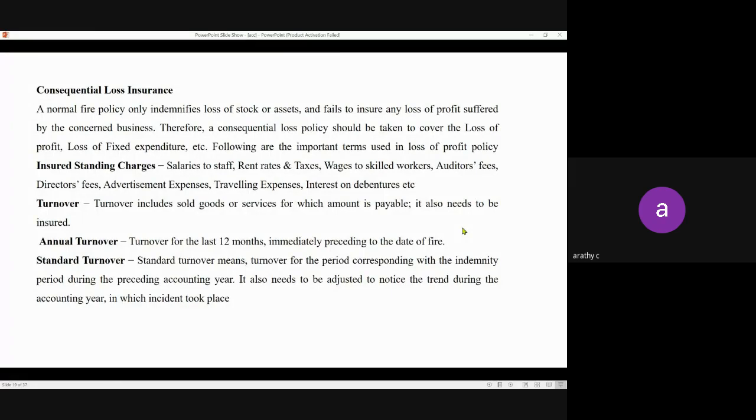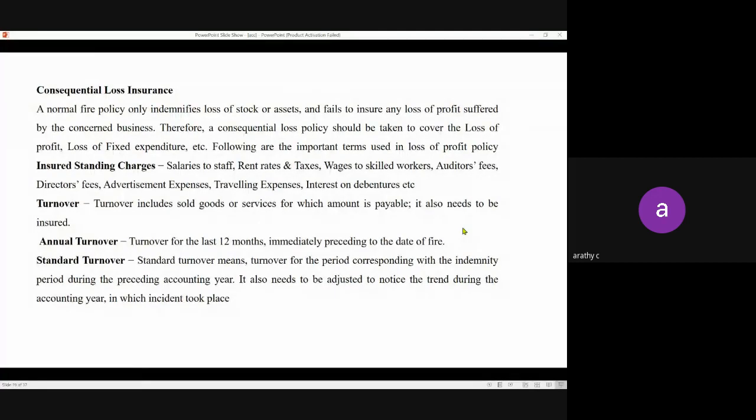For example, if a fire occurred on 1st May 2017, having an indemnity period of 3 months, that means it starts from 1st May 2017 to 1st August 2017. These 3 months are the indemnity period.